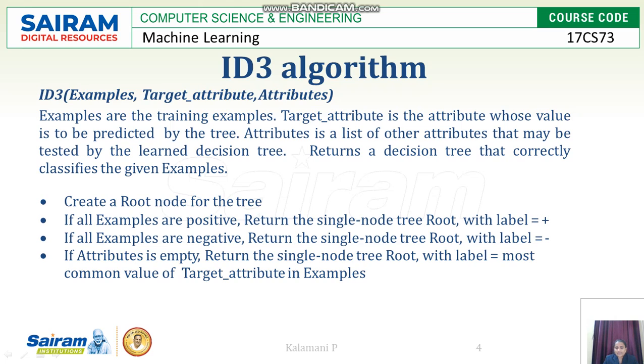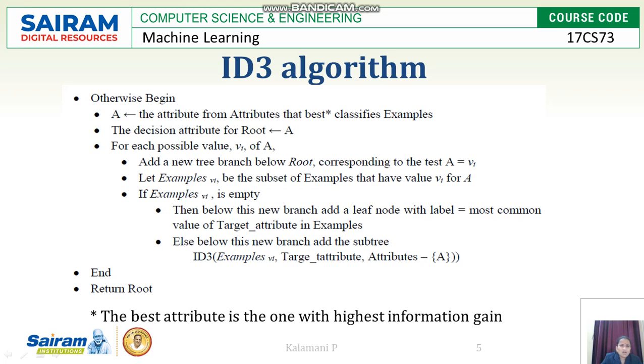If all training examples are negative, only one node will be there, negative. This is the way we construct the decision tree. So if it is fully positive, fully negative, or has empty attributes, it is okay.